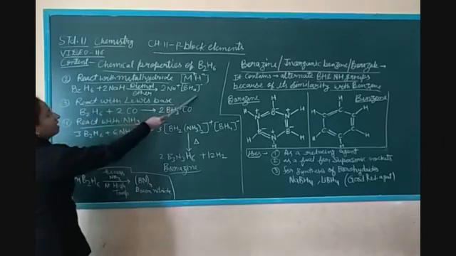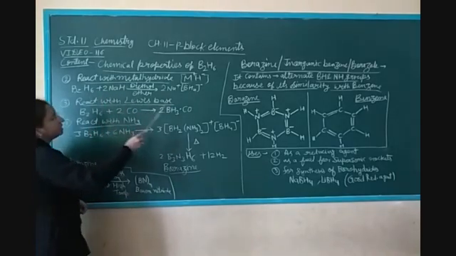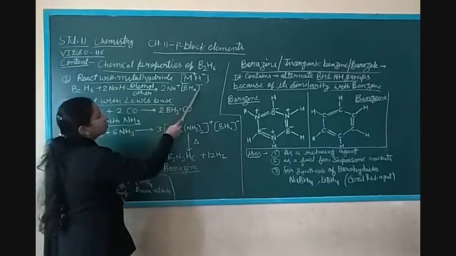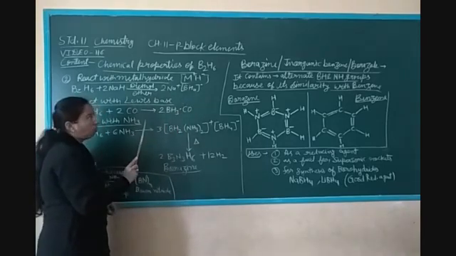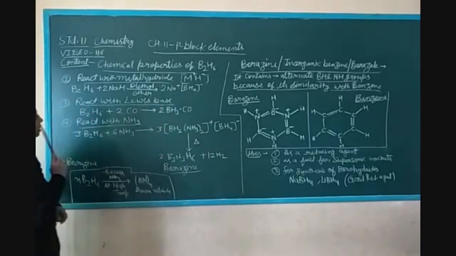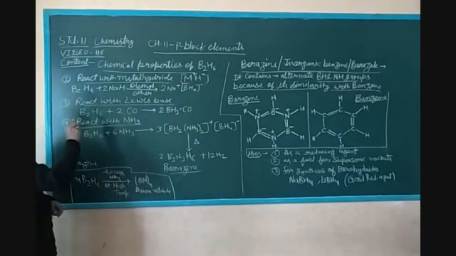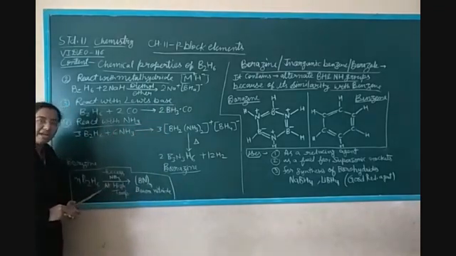It forms a cationic-anionic complex, Na plus and BH4 minus, boron tetrahydride. So diborane reacts with any metal hydride to form a cationic-anionic hydride.